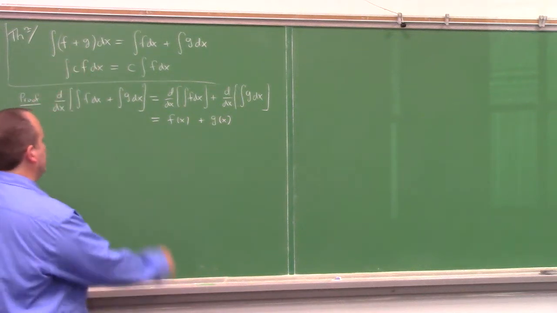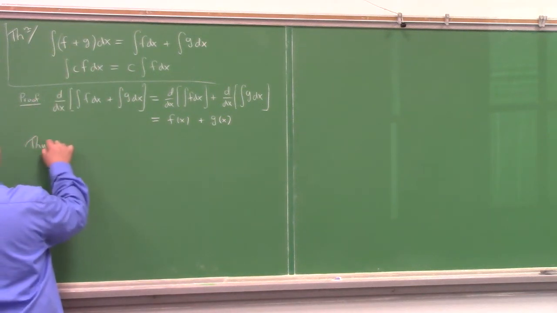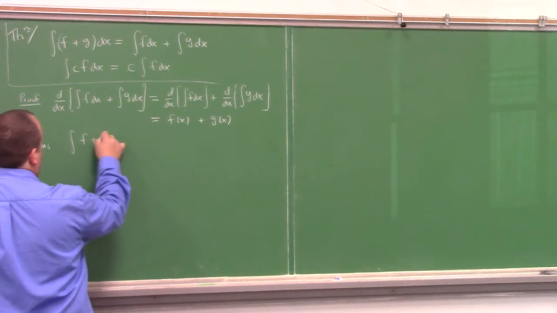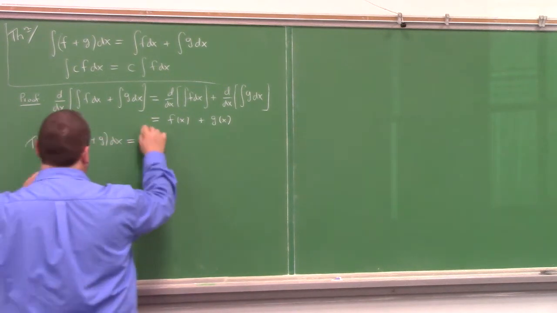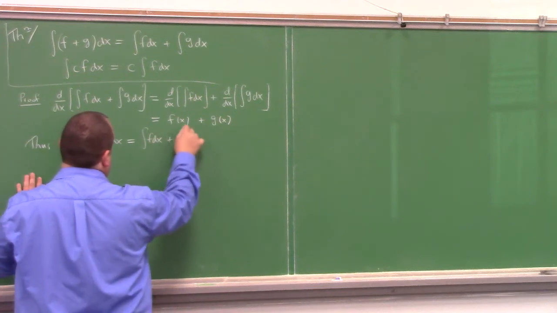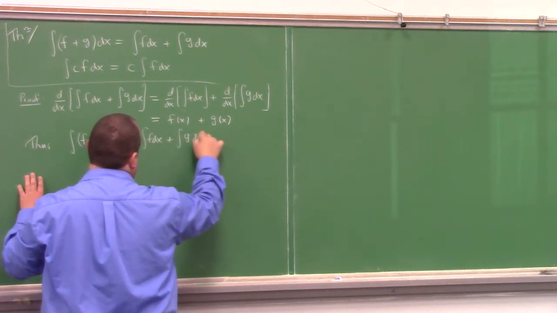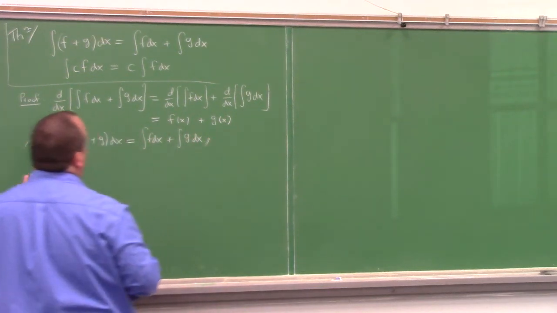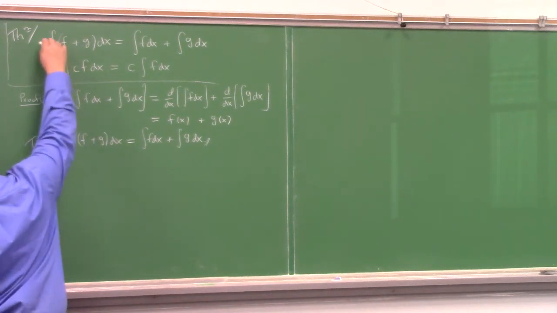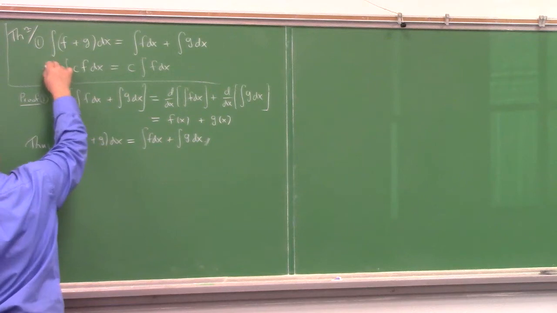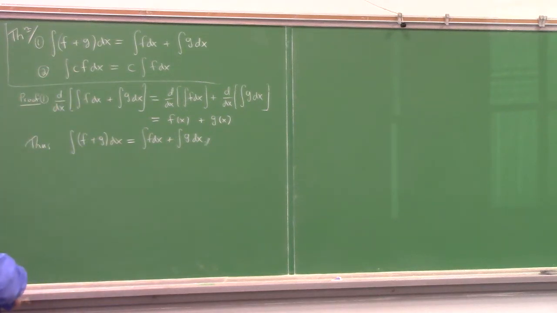So thus, the integral of f plus g dx is equal to the integral of f dx plus the integral of g dx. So that's the proof of 1. And the proof of 2 is very similar.